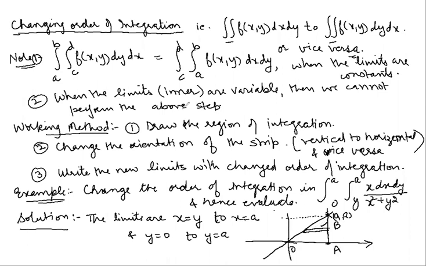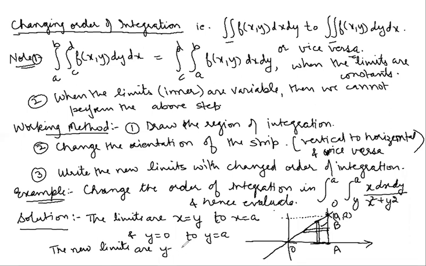ठीक है, अब हम क्या करेंगे? सेकेंड स्टेप is changing the order of integration, changing the orientation of the strip. So now making the strip vertical, and now write the new limits. The new limits are, देखो, पहले हम स्ट्रिप पे मूव करेंगे. ठीक है, स्ट्रिप पे हमने यहां से चलना शुरू किया, यहां तक गए. द न्यू लिमिट्स आर, और ये OA की हमारी इक्वेशन क्या है?